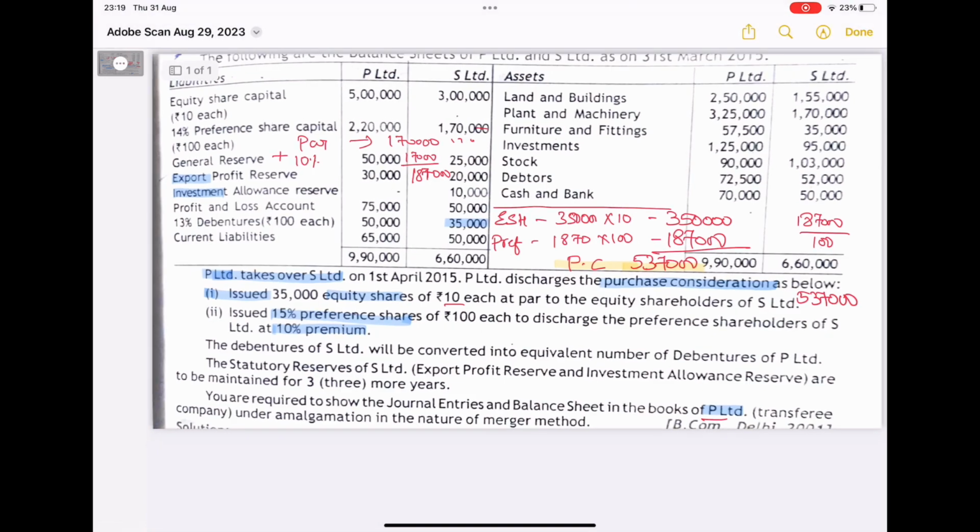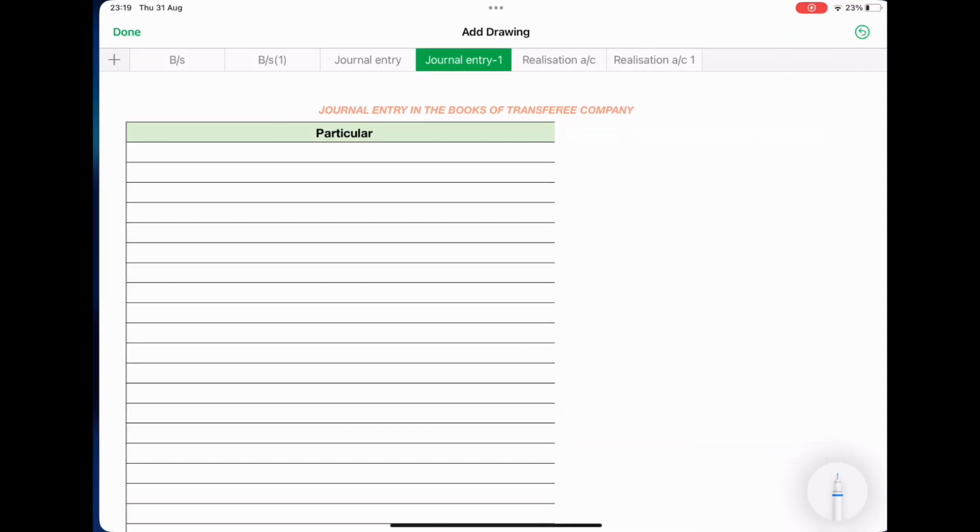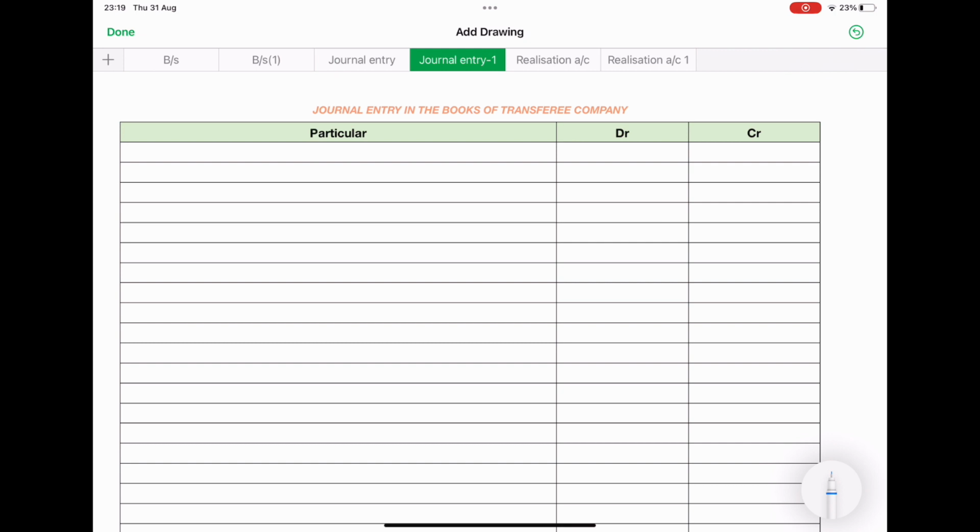Yes, these are the questions. Okay, so first entry as usual, we are going to enter the PC due entry. So first entry, business purchase account, debtor to liquidator.